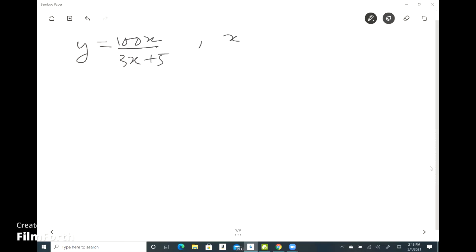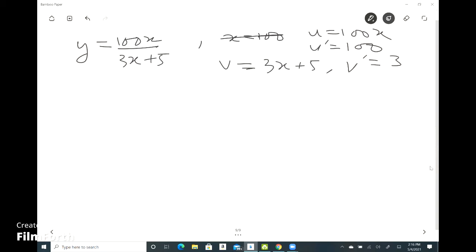You let u be equal to 100x, and then u prime equal to 100. And then you let v be equal to 3x plus 5. Then v prime is 3. And you know the quotient rule says u prime v minus v prime u, everything divided by v squared.